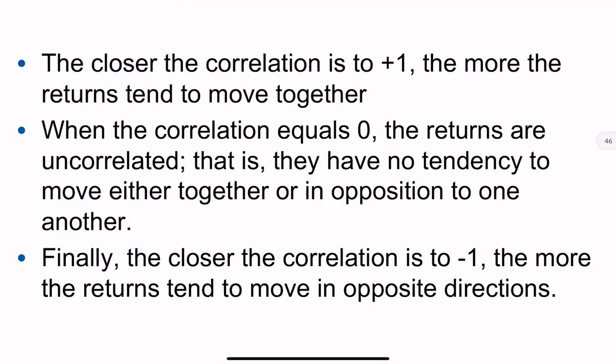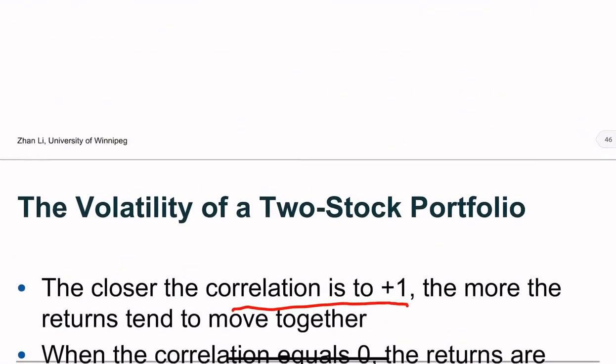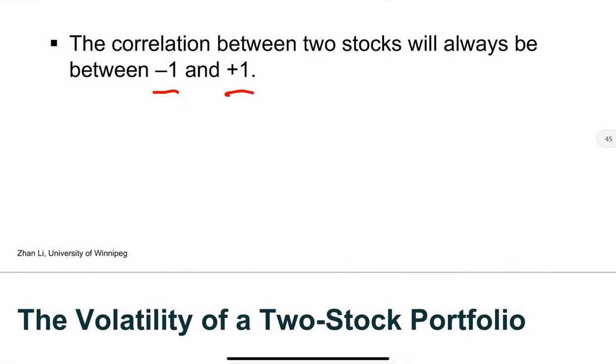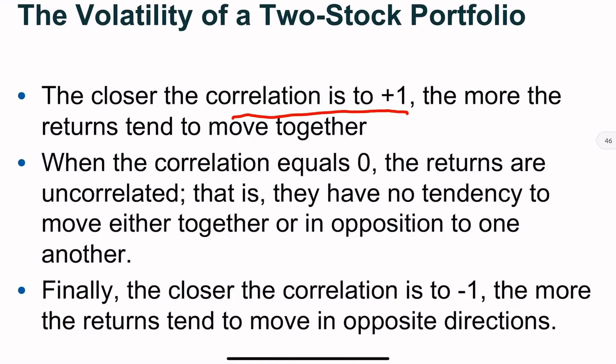Basically, if correlation is close to +1, remember that 1 is the upper bound and -1 is the lower bound, then you would see that return Ri and return Rj are very much related, right? So they very much tend to move together.